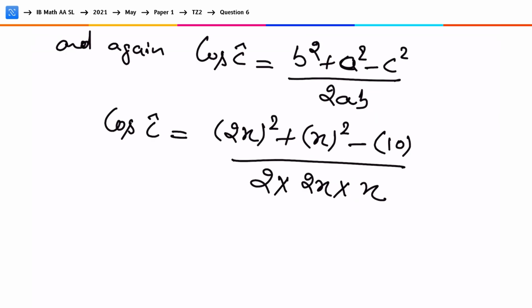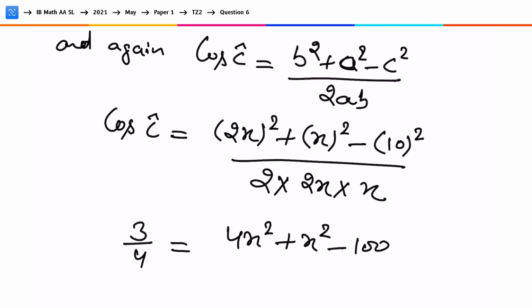Since the value of the cosine of angle C is given as 3 divided by 4, we equate 3 divided by 4 to 4x squared plus x squared minus 100 divided by 4x squared.